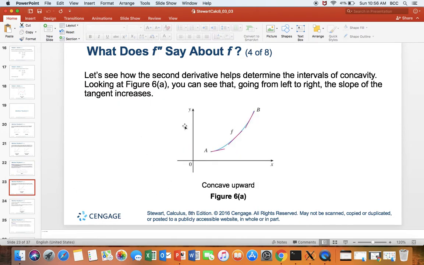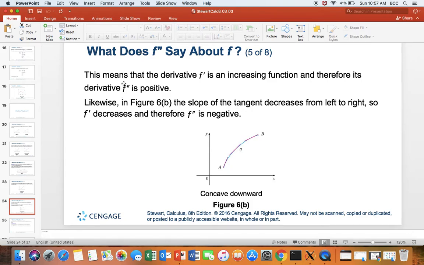The second derivative helps determine intervals of concavity. All right. Slope of my curve is less. Slope of my curve is a little higher. Slope of my curve is even higher. That gives me concave up.